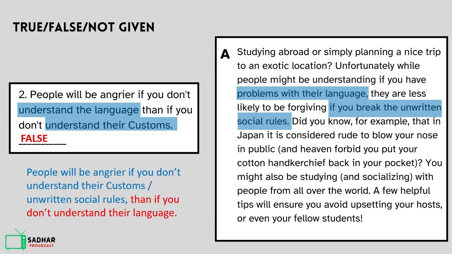So people will be angrier if you don't understand the customs, not if you don't understand the language. But if we don't understand their customs, we don't understand their unwritten social rules, they become angrier than if you don't understand their language.